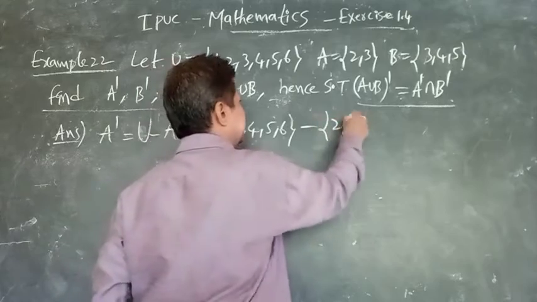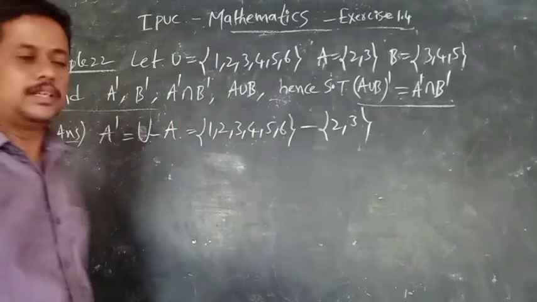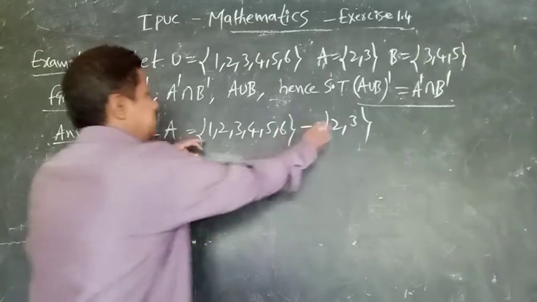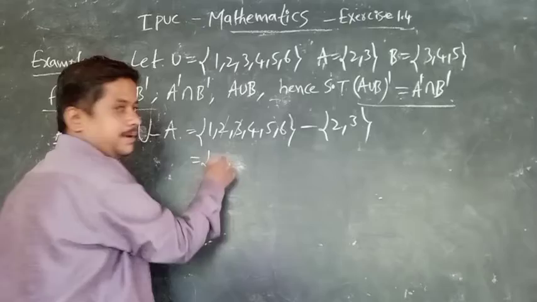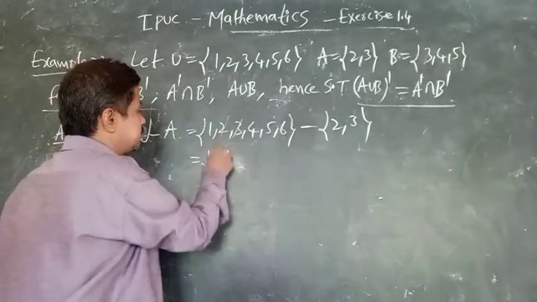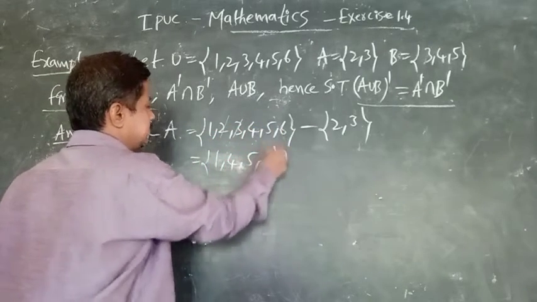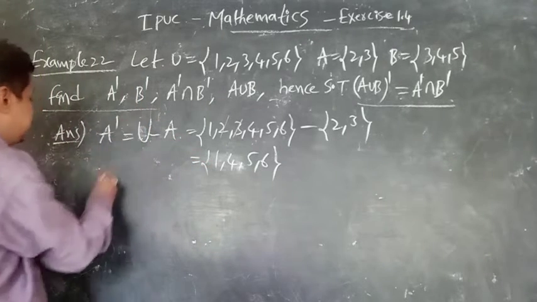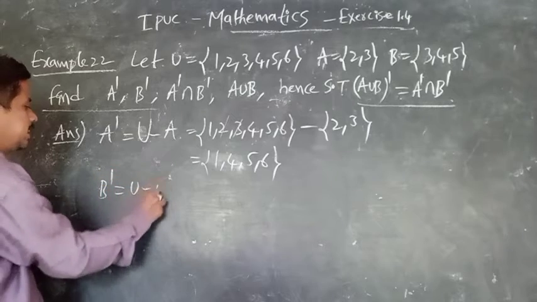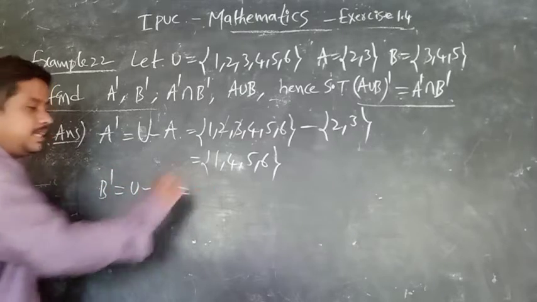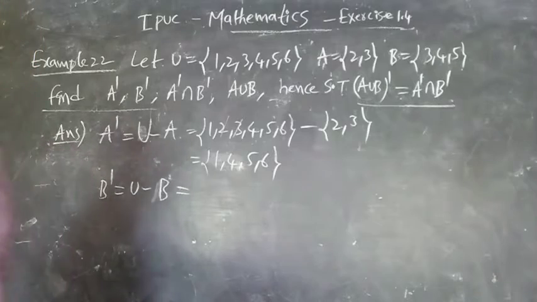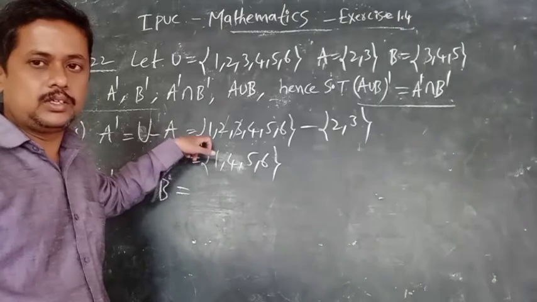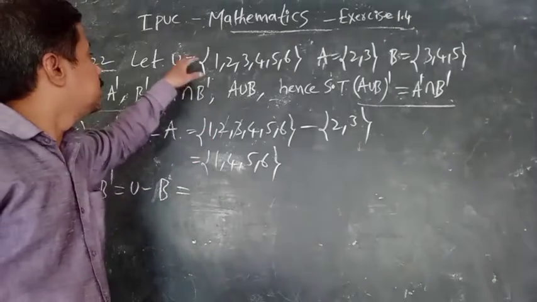The difference of two sets: 2 and 3 cancel. What are the remaining elements? 1, 4, 5, 6. Very easy. Next, B dash equals U minus B.